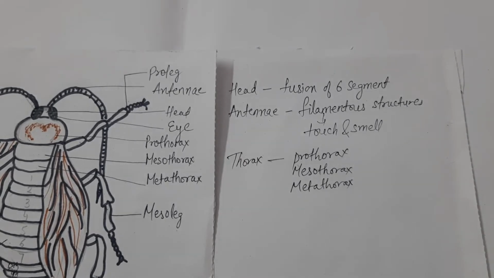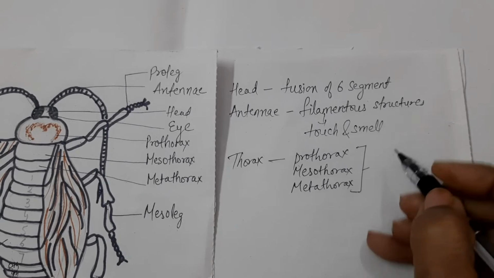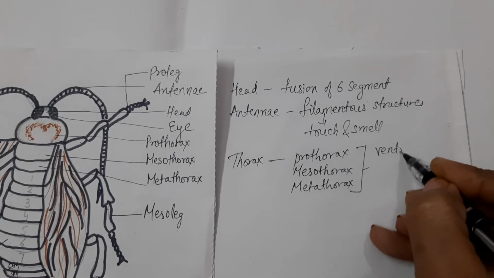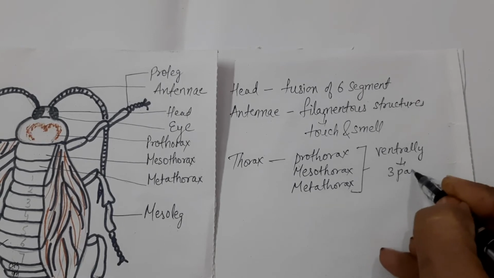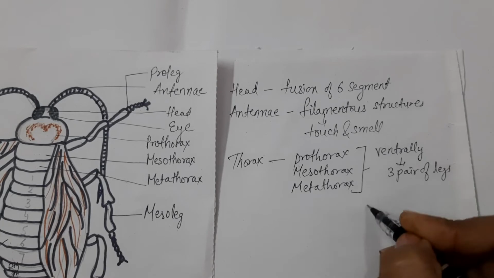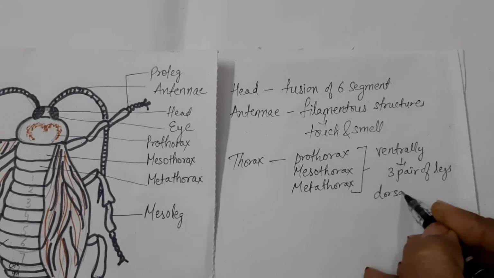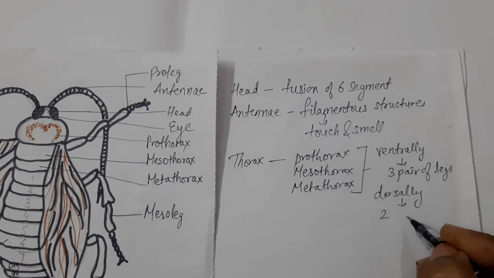The thorax bears 3 pairs of walking legs ventrally and 2 pairs of wings dorsally. So all these 3 regions, ventrally they contain 3 pairs of legs, and dorsally 2 pairs of wings.